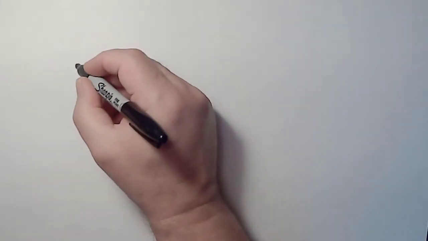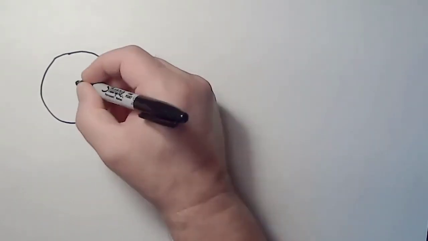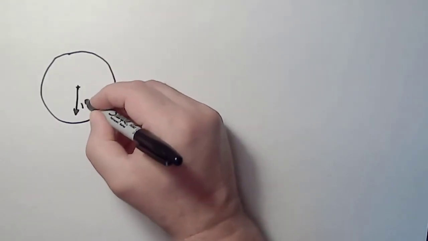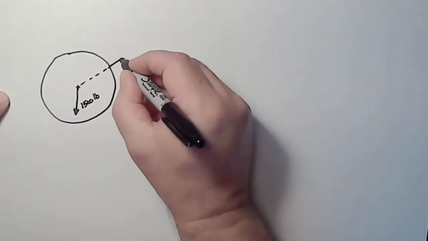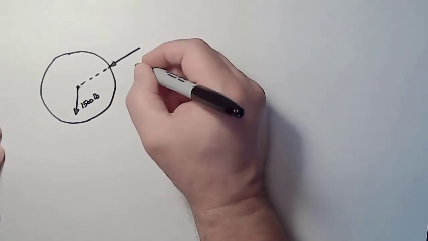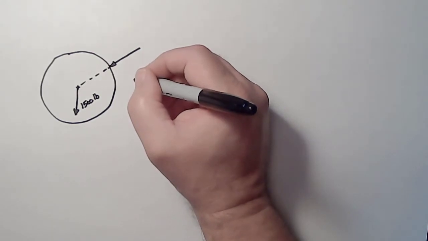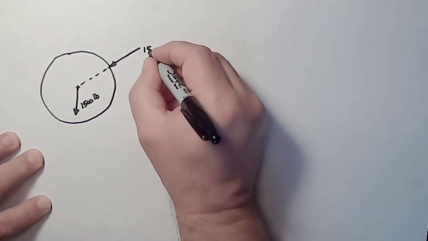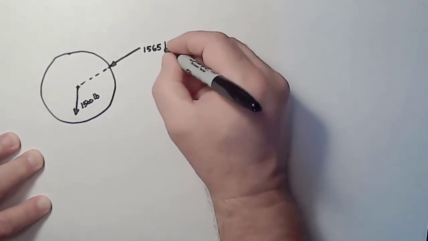The other half of the problem is to find all the forces on cylinder A. So here's cylinder A. It has a weight of 1,500 pounds. There is a force on it of 1,565 pounds from the other roller.